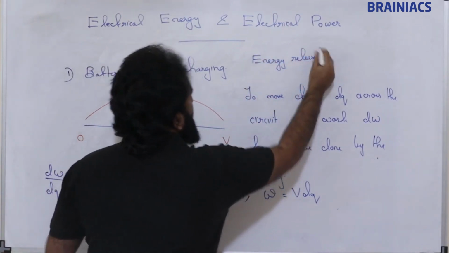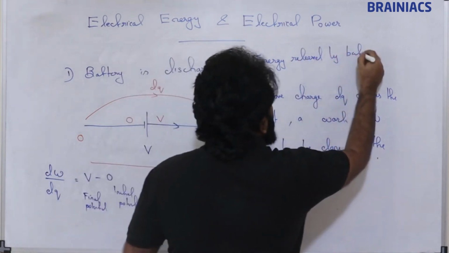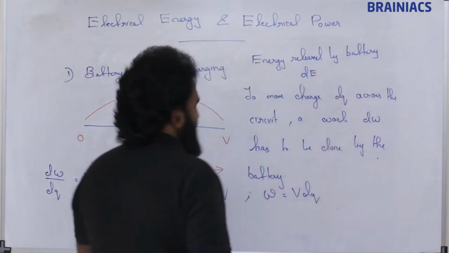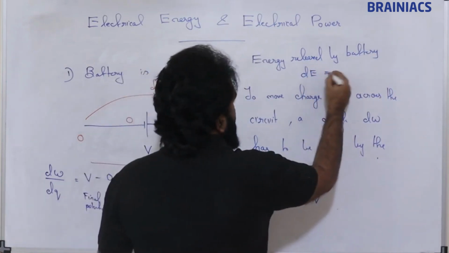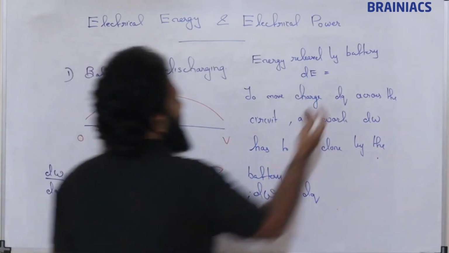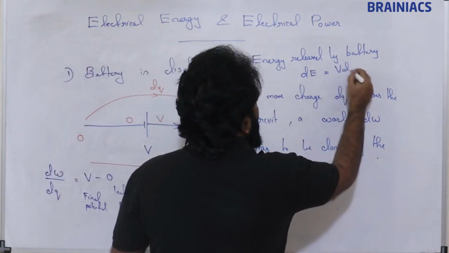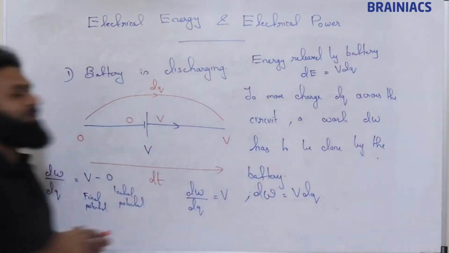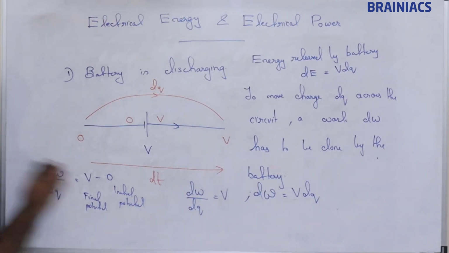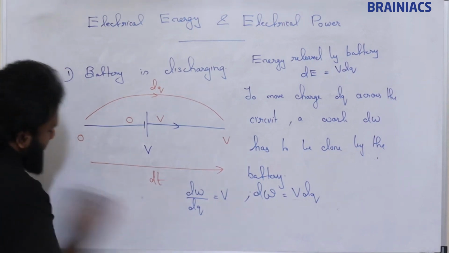So this is a small energy for a small charge, dE. dE is equal to V dQ, energy released by the battery. So energy is spent by the battery in order to bring this charge from this side to that side. Clear? Noted? Done? Okay, I am removing this.